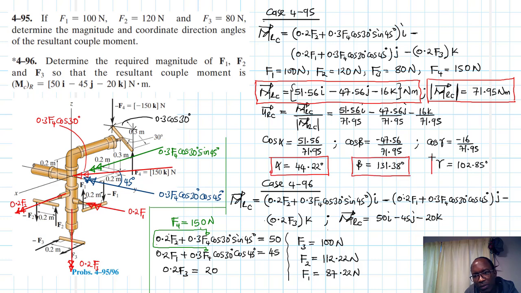Then in case number 2, they are asking us to find the couple forces given the resultant moment, and we found the values of F1, F2, and F3. So this is about it.